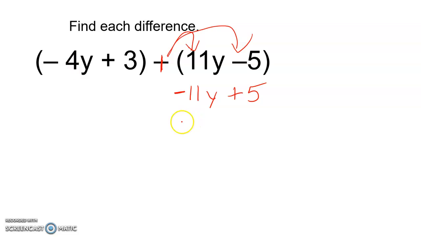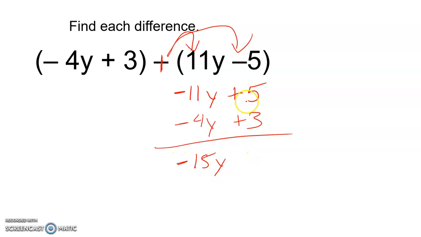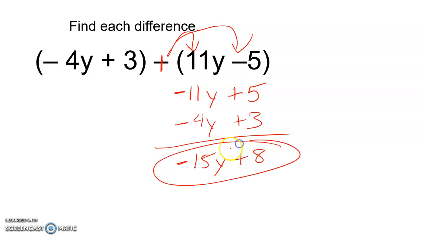Then I stack them, negative 4y, positive 3, negative 11, negative 4, that's a negative 15. Hopefully you're good at your addition rules. And that's a positive 8. So again, negative 15y plus 8.